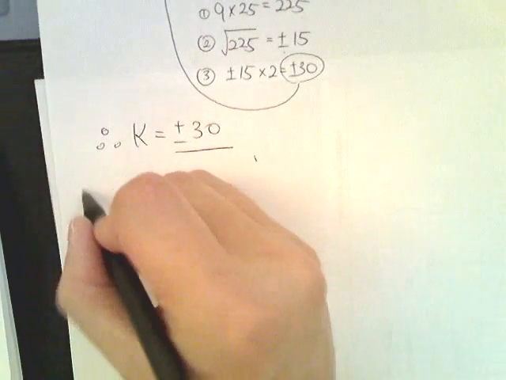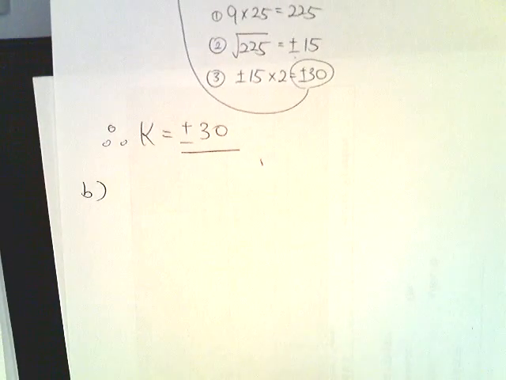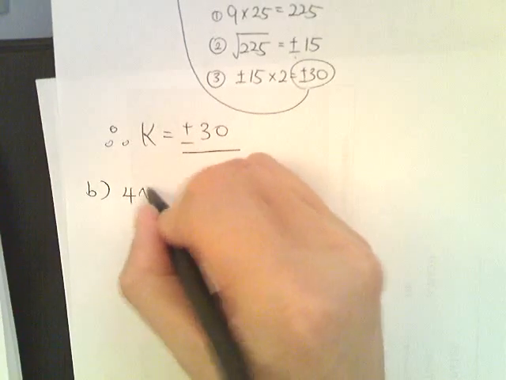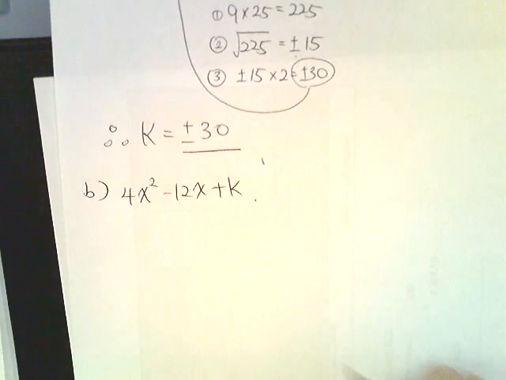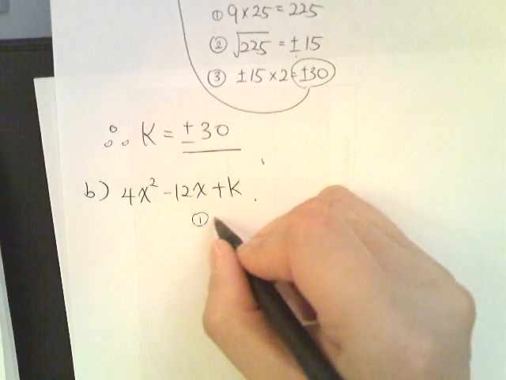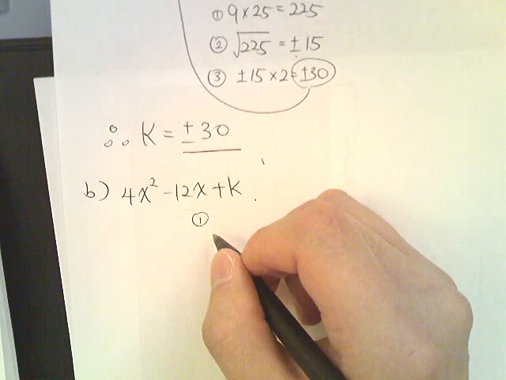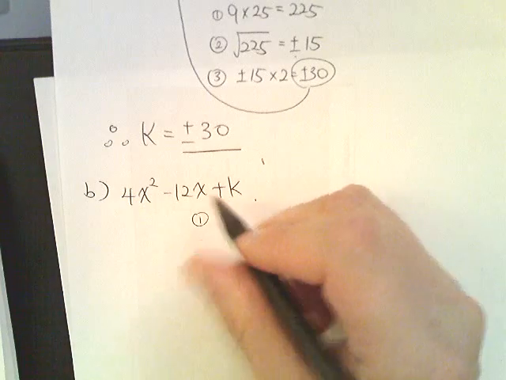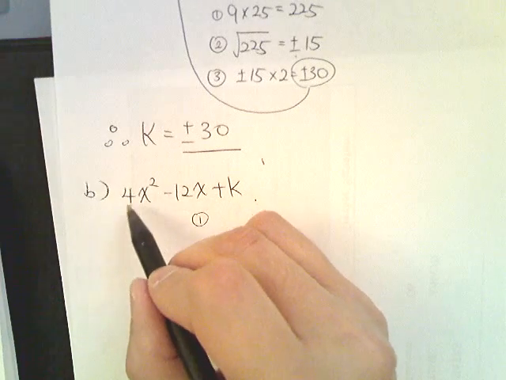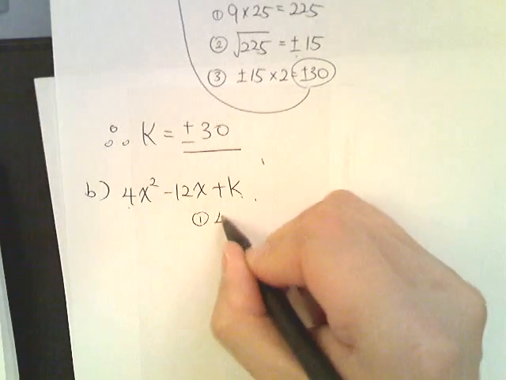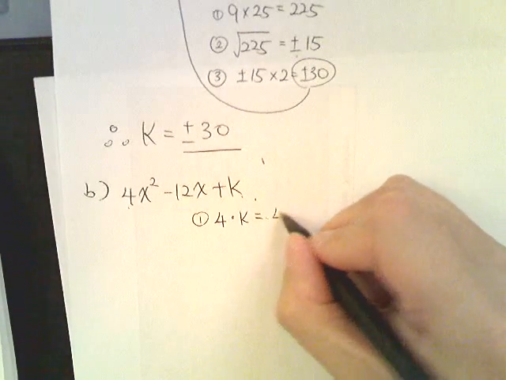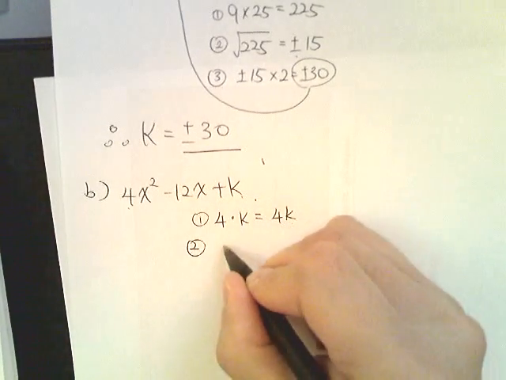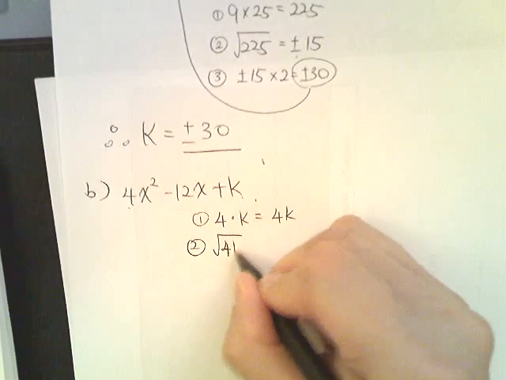Okay, then let's take a look at B. So B says 4x squared minus 12x plus k. Now, same thing, okay? First, the first times the last, so 4 times k, which is 4k. Second, take a square root of it, 4k.